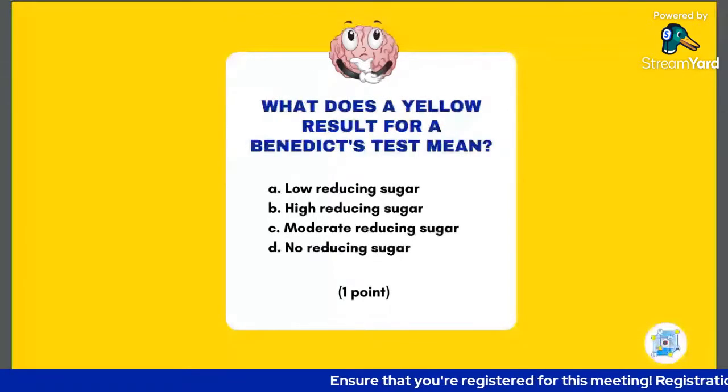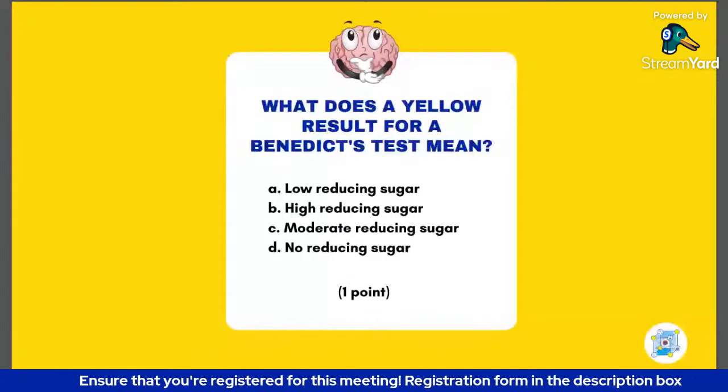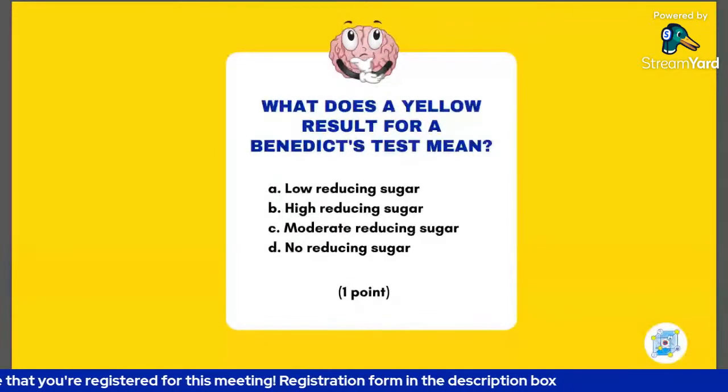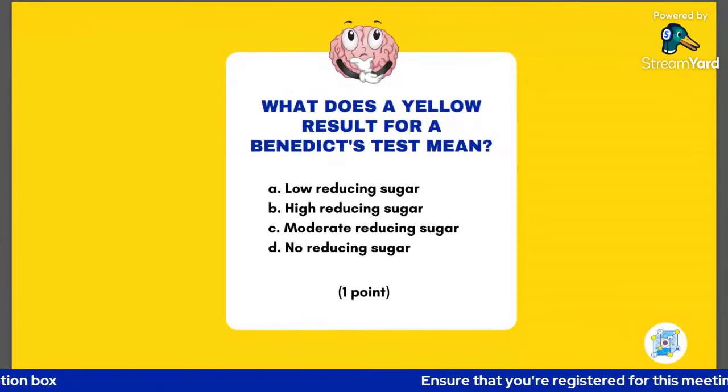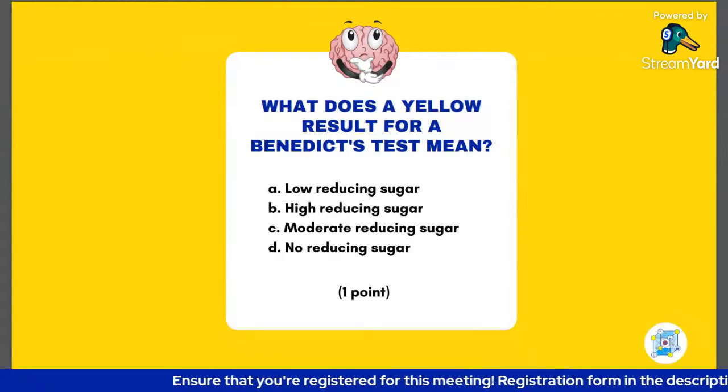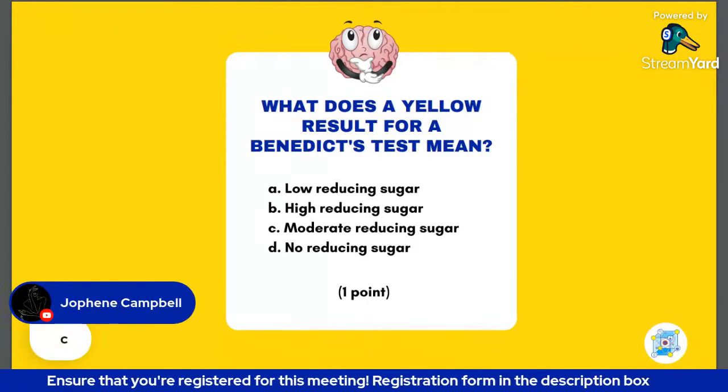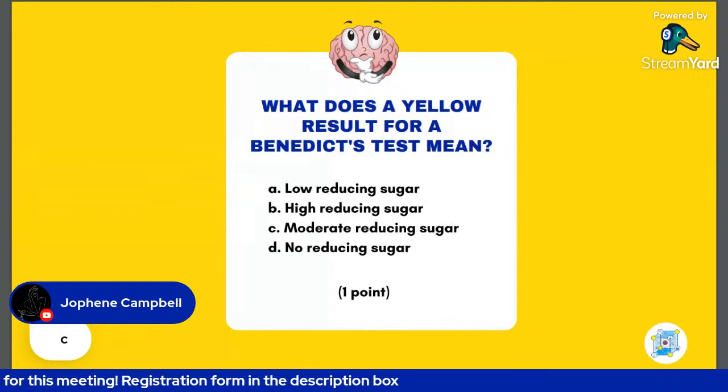So now I'm seeing C, I'm seeing A, I'm seeing D, and Miguel is asking me this. You can't ask me. So the answer for a yellow test is C. I think Joffine got that. So Joffine is correct. Joffine, that is 1 point for you so far. I don't know what's happening with Joffine today.